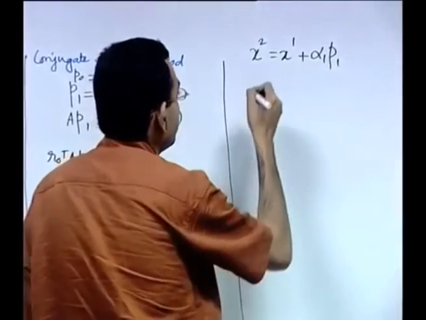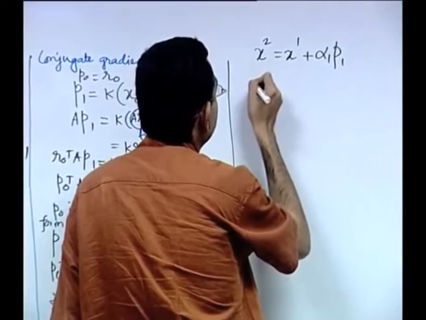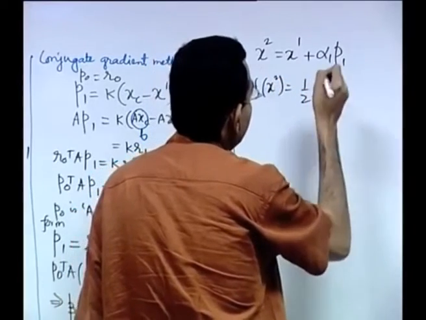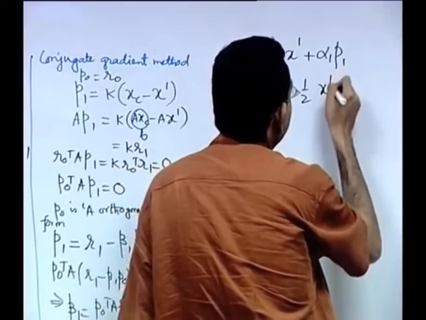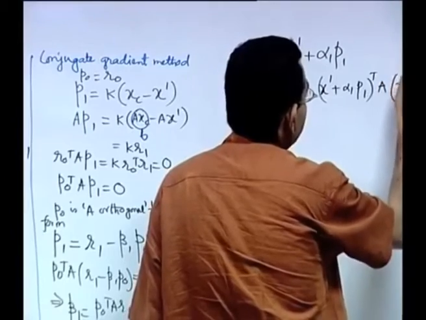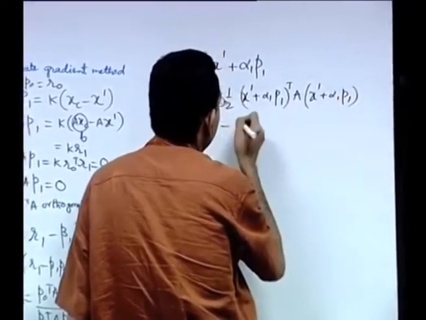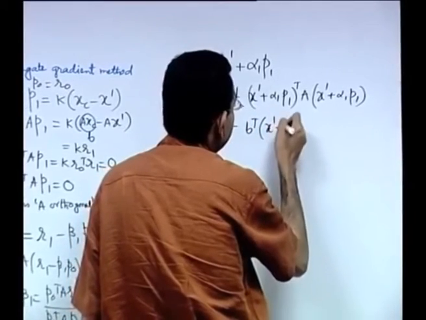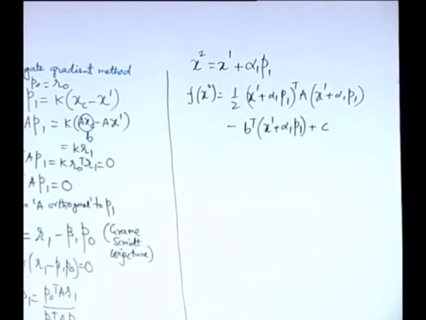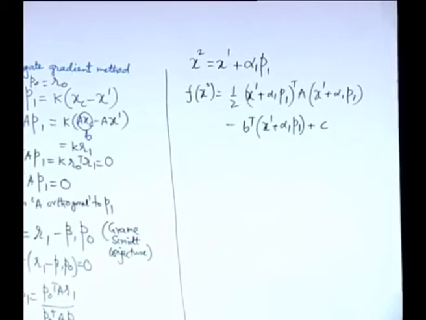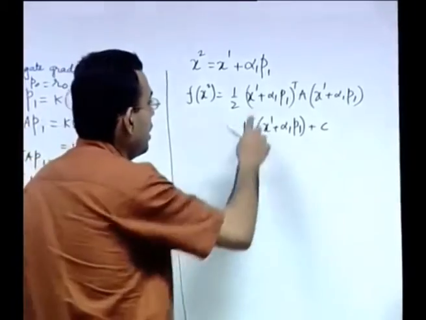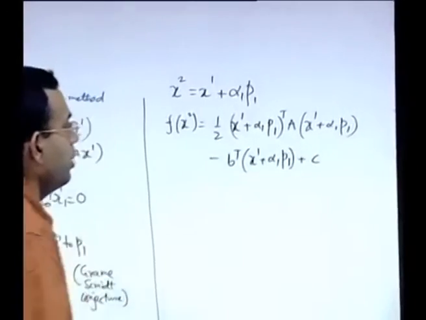So f at x2 is equal to half of (x1 plus alpha 1 P1) transpose A (x1 plus alpha 1 P1) minus B transpose (x1 plus alpha 1 P1) plus C. Just substitute in place of x as x2, which is x1 plus alpha 1 P1.